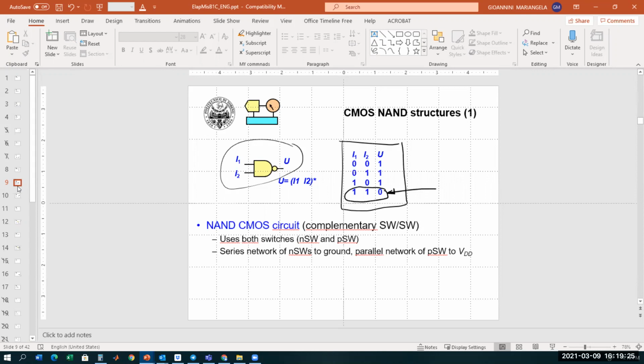So the output is low when both inputs I1 and I2 are high. So given this hint, how would you arrange the switches controlled by the inputs to realize a NAND function? Any idea? Could you try to guess?